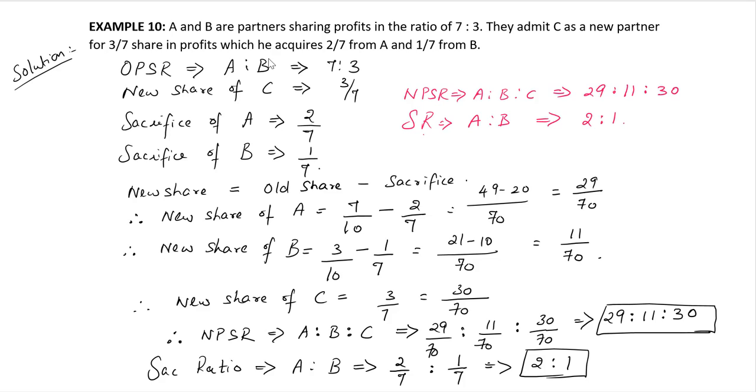So this problem was relatively direct. The sacrifice of A and the sacrifice of B was given. So we just had to apply old share minus sacrifice to get the new share. Let's go to the next example.